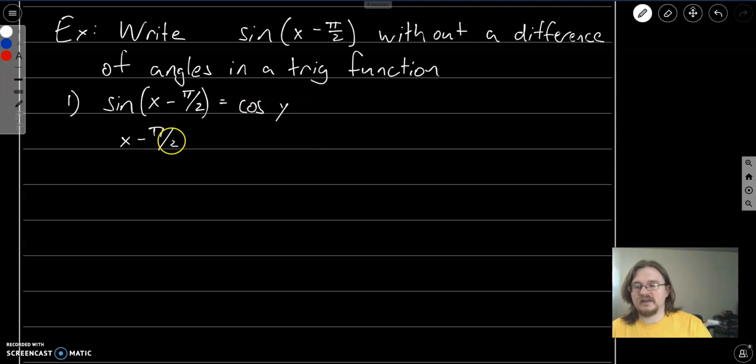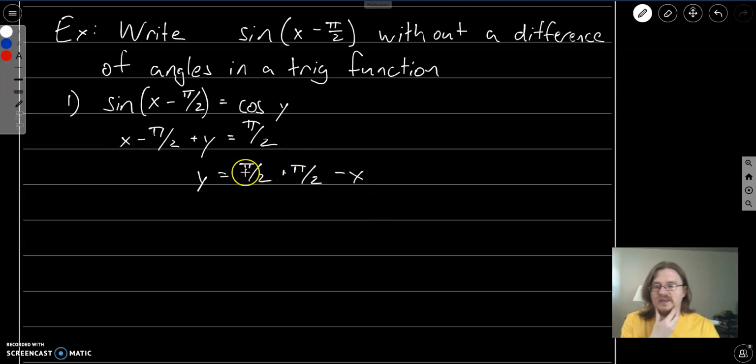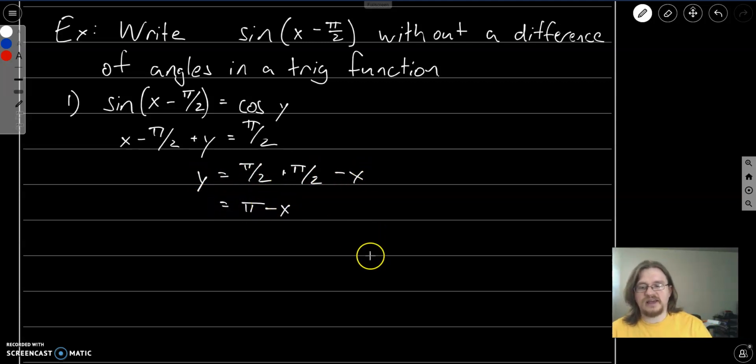So let's work that out. X minus pi halves plus y should be equal to pi halves. Again, 90 degrees in radians is going to be pi halves. So let's work out what y should be. I need to add pi halves to both sides, and then I'll need to subtract x, and I would get that y is going to be pi minus x.